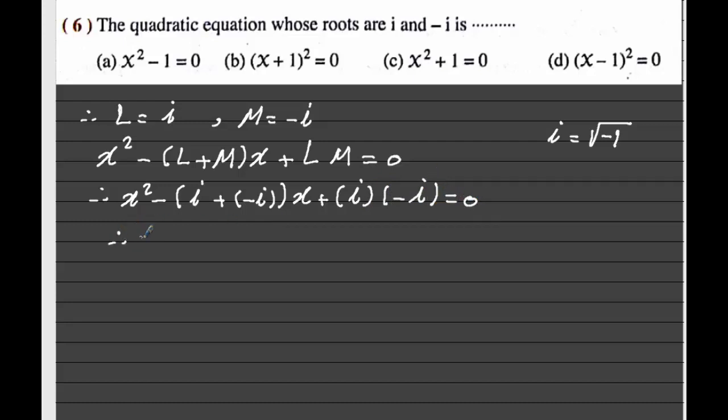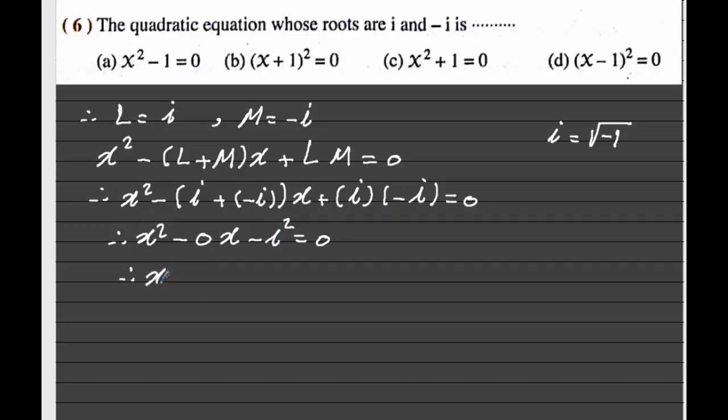Now we have x squared minus (i plus negative i) equals 0, so 0 multiplied by x equals 0. Okay, so here plus 0, you can write minus 0x, right? Here we have i multiplied by negative i, it will be negative i squared.